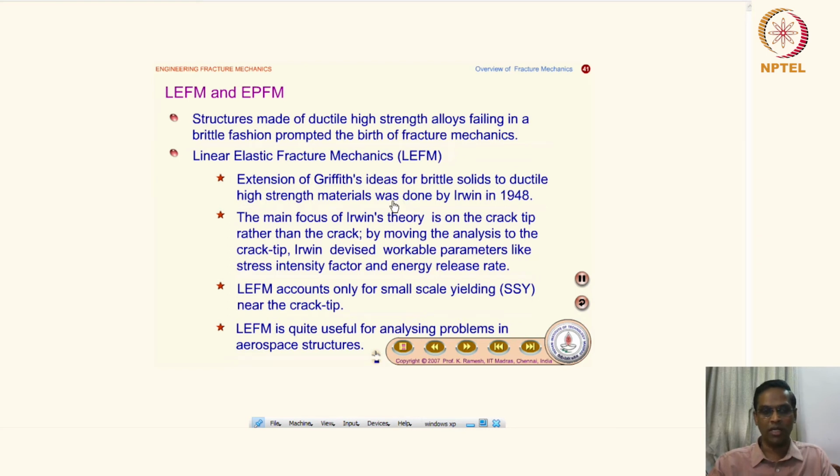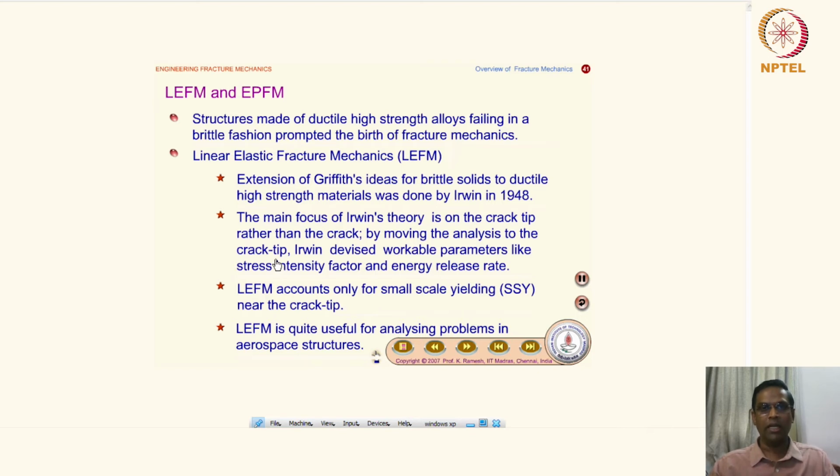You have to understand, it is just only for high strength materials. The main focus of Irwin's theory is on the crack tip rather than the crack, by moving the analysis to the crack tip. We will see why we are talking about a crack tip here, because initially the crack length was measured, and then the analysis started from the center of the crack.